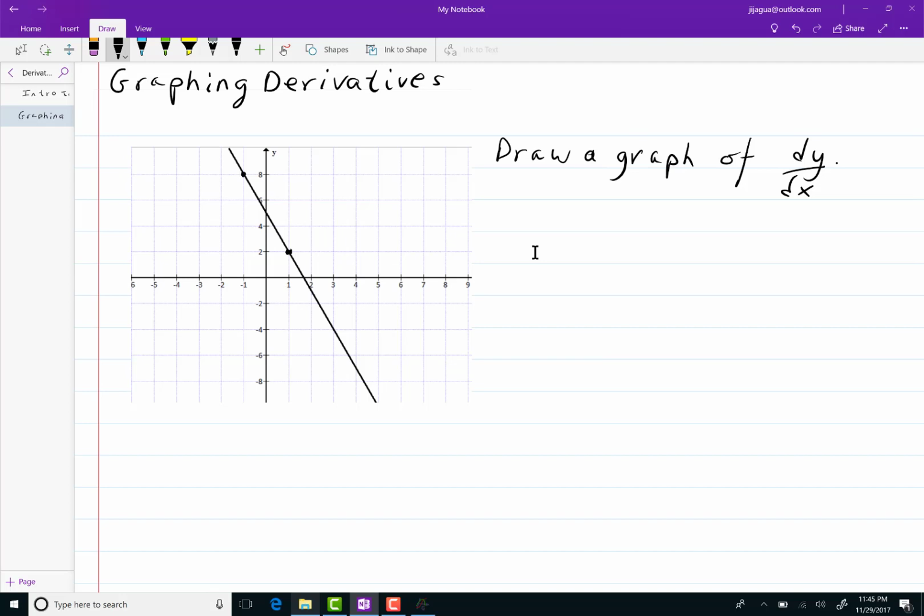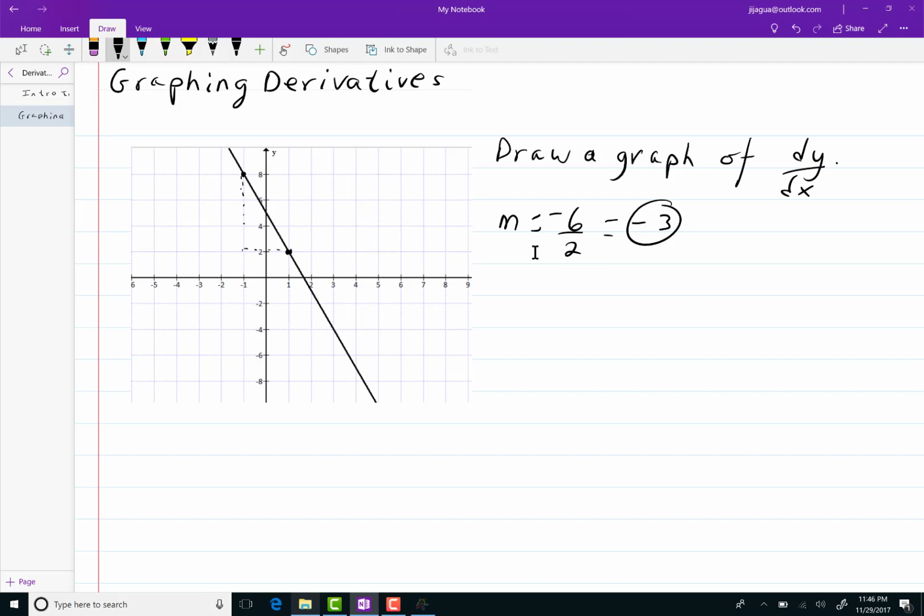Well, if I go down 1, 2, 3, 4, 5, let's see, I went down from 8 to 2, that's 6, and then I went over 2, so m equals 6 over 2, well, negative 6. Remember, if you go downward, you count that as negative. Negative 6 over 2, which equals negative 3.